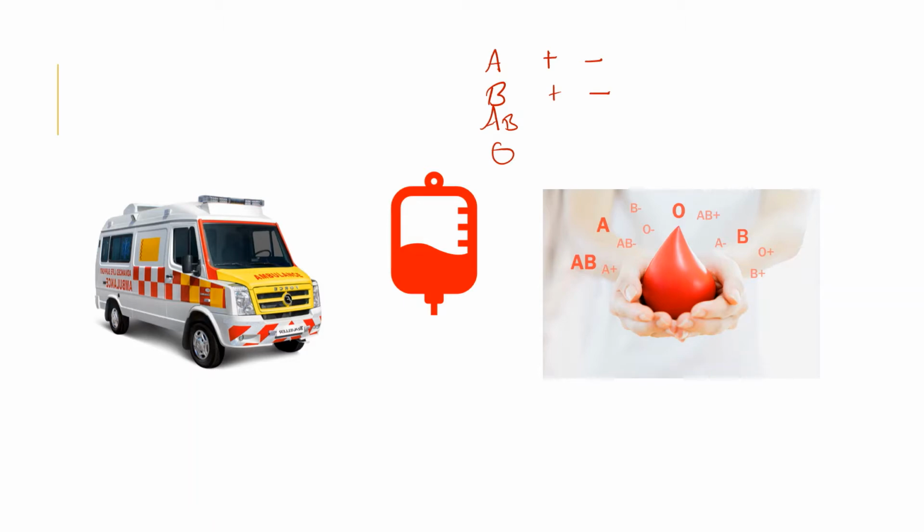So your blood group could be A positive, A negative, B positive, B negative, AB positive and AB negative, O positive and O negative. Now here we are going to discuss what is this factor, the protein which is responsible to categorize you in these blood groups.